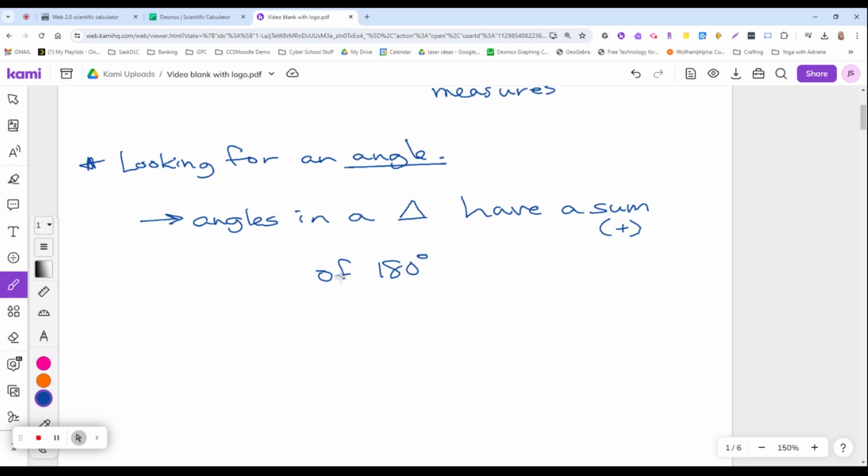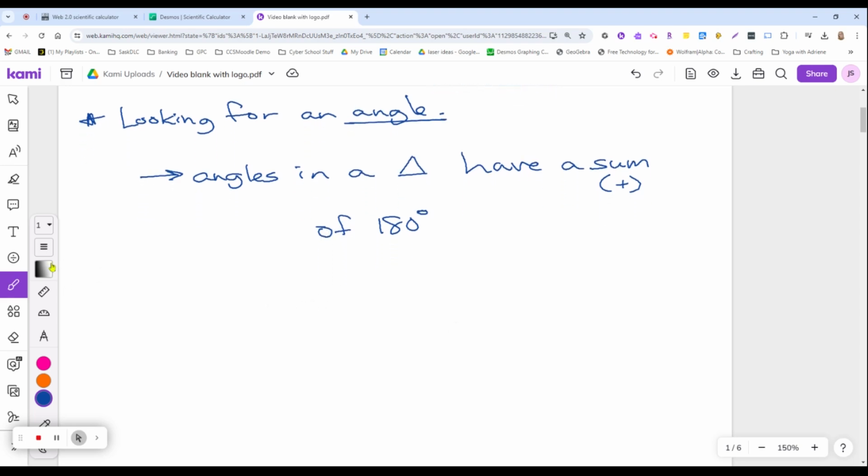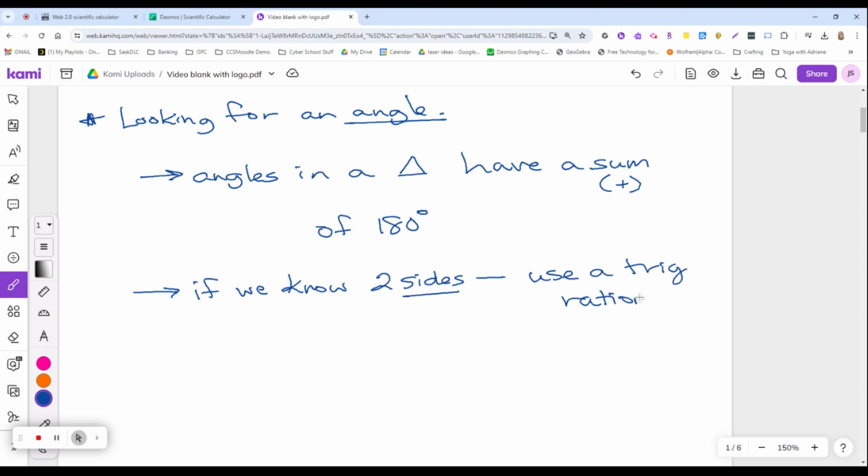And when we're talking right triangles, we almost always know two angles. Okay, so that's easy. And if we're looking for an angle but we know two sides, then we're going to use a trig ratio, which means we have to think SOHCAHTOA.